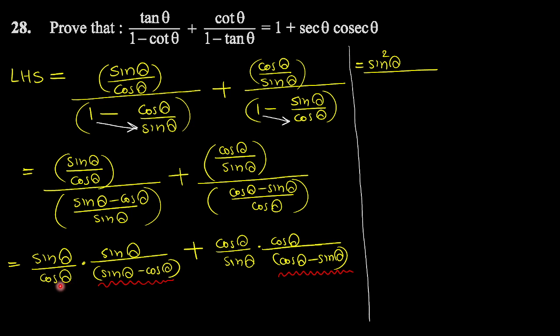And here cos theta into sin minus cos. I hope you can see whatever I am writing. Here cos into cos becomes cos square.